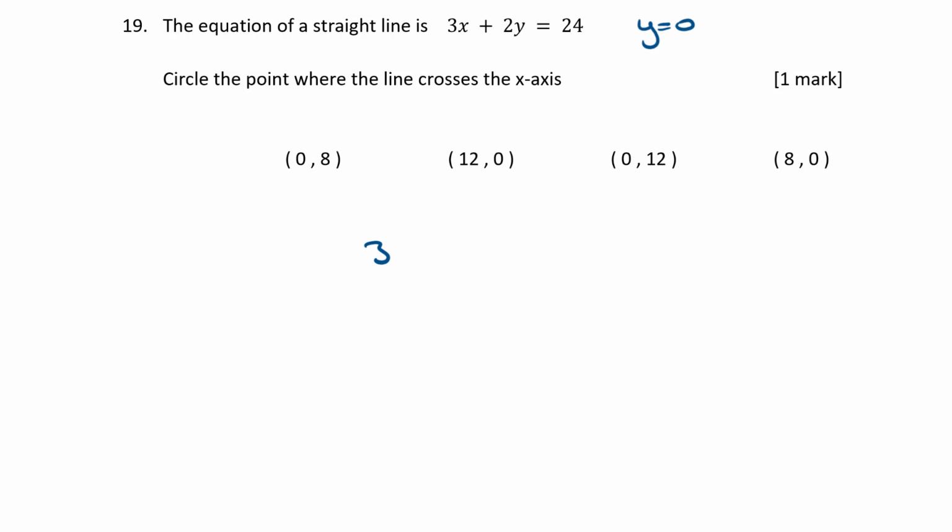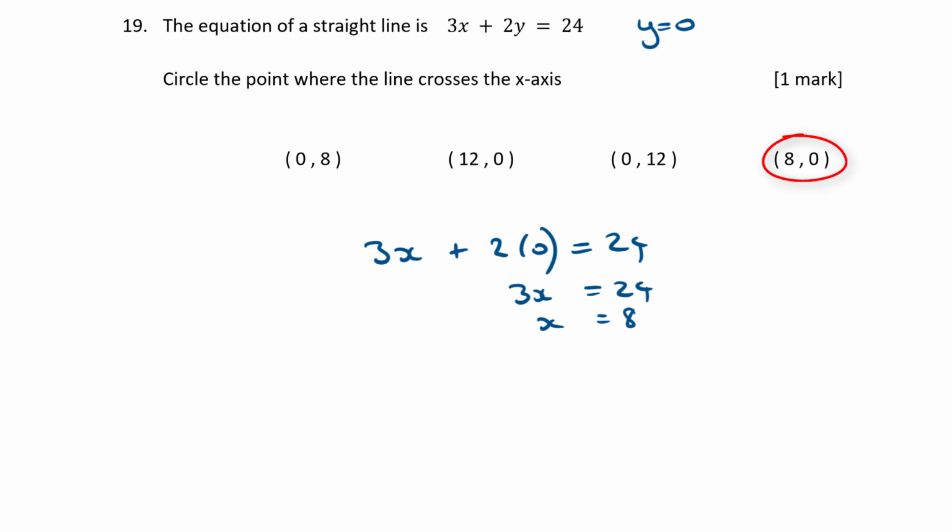So if I've got 3x plus 2 lots of 0 is equal to 24, then 2 lots of 0 is just 0, so I'm just going to get 3x is 24. X is equal to then 24 divided by 3, which is 8. So it's going to pass through at 8, 0.